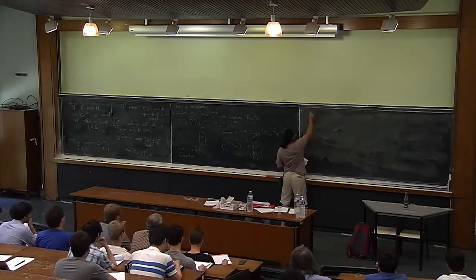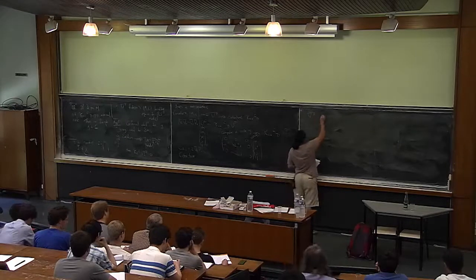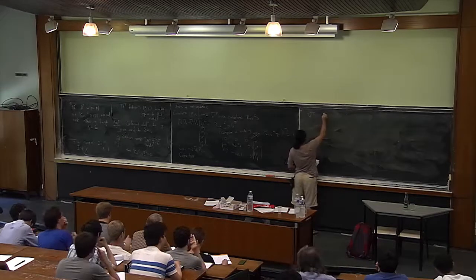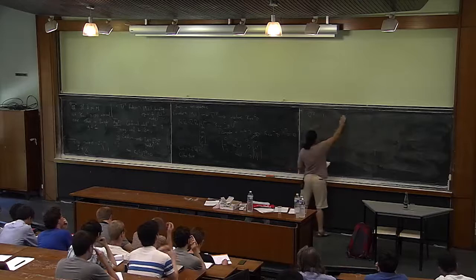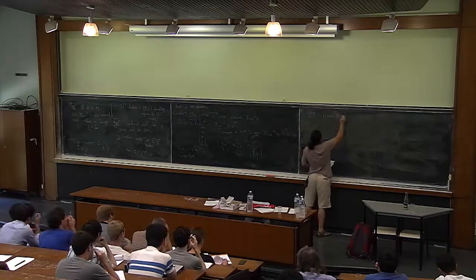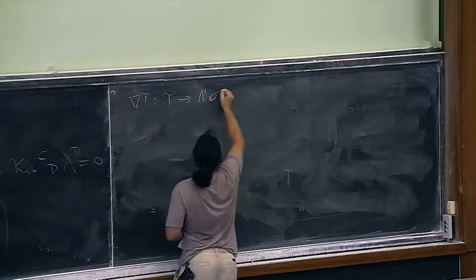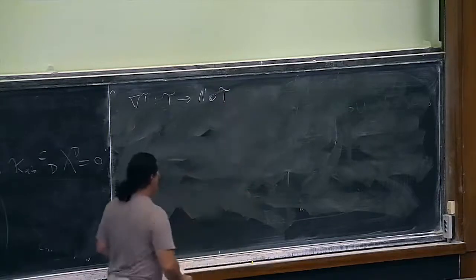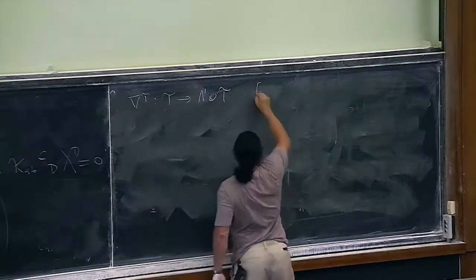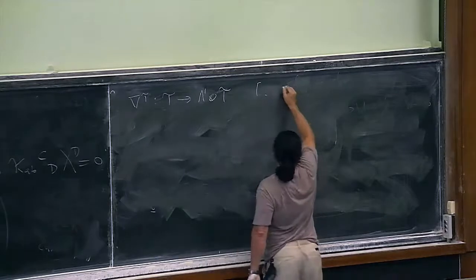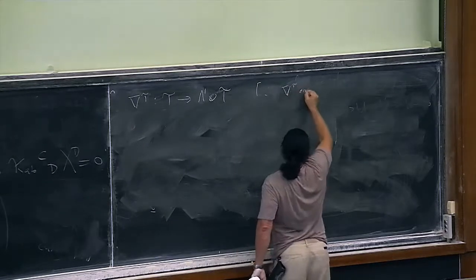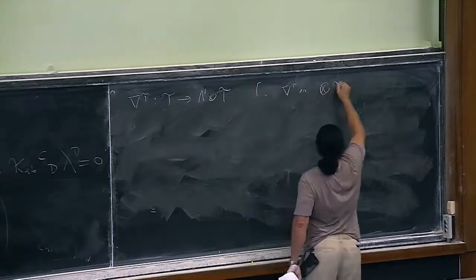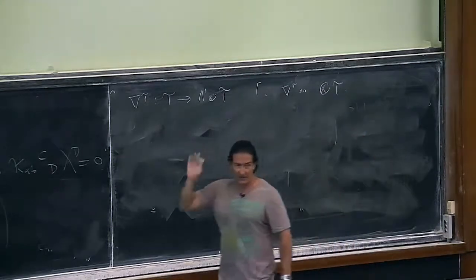So we have this connection which sends tractor bundles to one-form valued tractor bundle. So it's a connection on the tractor bundle. And by the way, I should say, therefore you get a connection on all the tensor powers of the tractor bundle, in the obvious way.